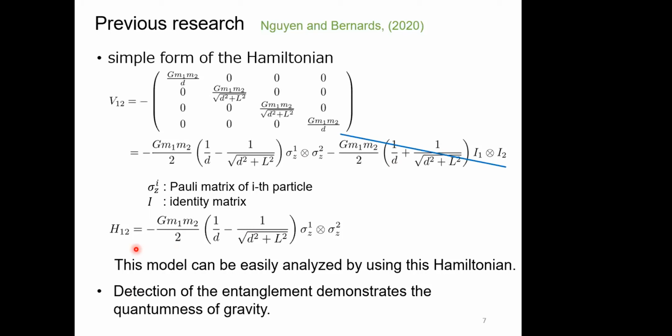This model can be easily analyzed by using this Hamiltonian because of the symmetry of the configuration. And the system also evolves into an entangled state. Following the proposal in the BMV experiment, detection of the entanglement of the system will demonstrate the quantumness of gravity.